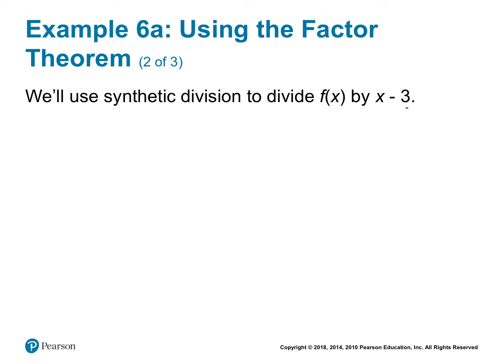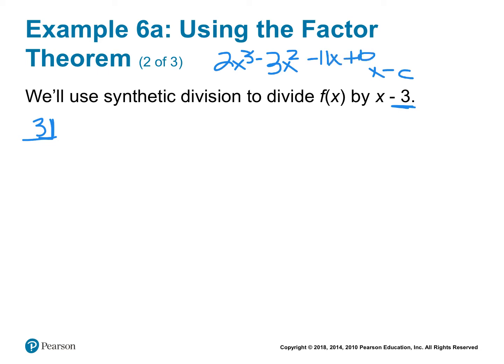So we're going to be dividing by the minus 3, or just positive 3, sorry, because it had to be in the x minus c form. And what we were dividing was 2x to the third minus 3x squared minus 11x plus 6.